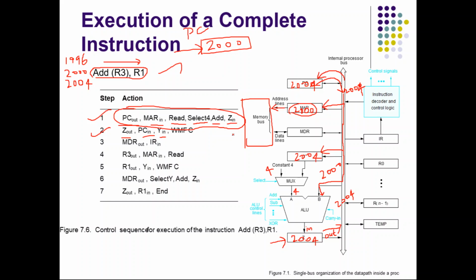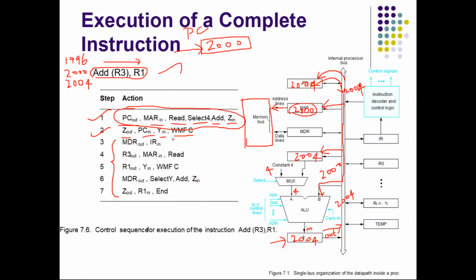Then we are waiting for memory function complete. Previously we asked the memory to read the instruction. By this time it might have been completed or not. If it is not completed, it has to wait. These instructions can be done even before the memory read is completed, but the following instructions cannot be done until the instruction is read and placed in the instruction register.